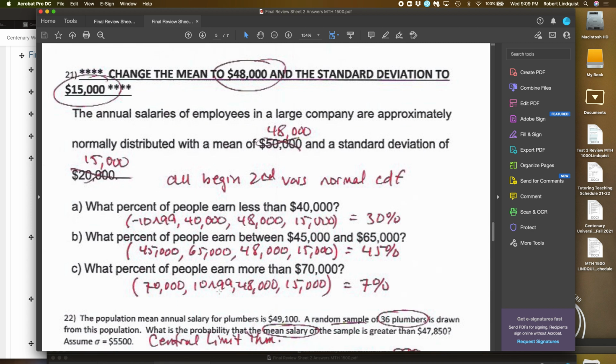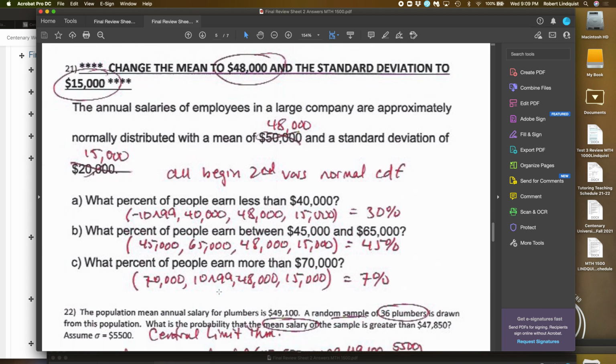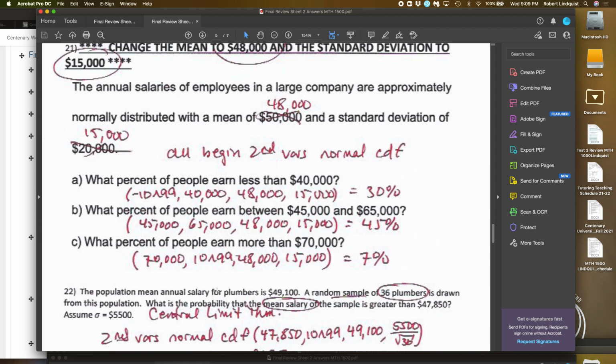For number 21, change the mean to 48,000 and the standard deviation to 15,000. Annual salaries, cross out the 48, make it 15. Now, this is a really great question because it's all the possibilities with normal CDF function and the probabilities under a normal curve. In the first case, it's less than. In the second case, it's between two numbers.